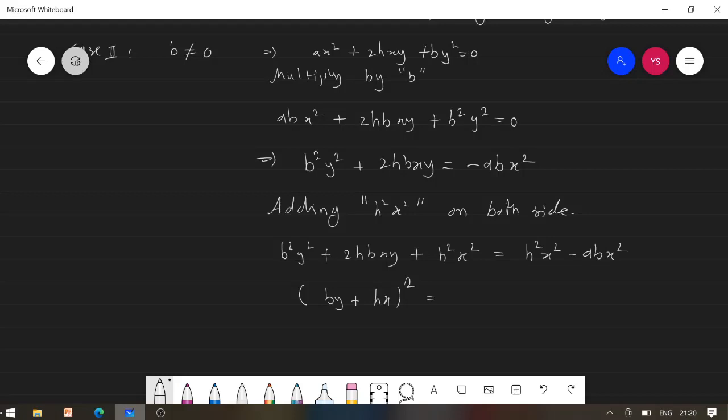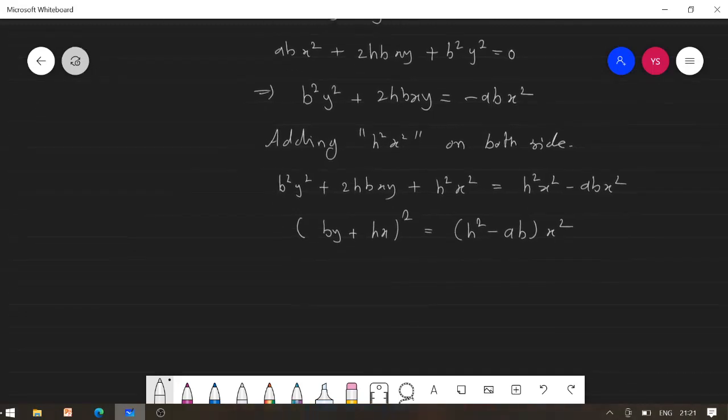That is equal to, after taking x square common from the RHS, h square minus of ab times x square. So here, as h square minus of ab is greater than or equal to 0, after shifting the whole RHS to the LHS, we get by plus hx the whole square minus of h square minus of ab times x square equals to 0.